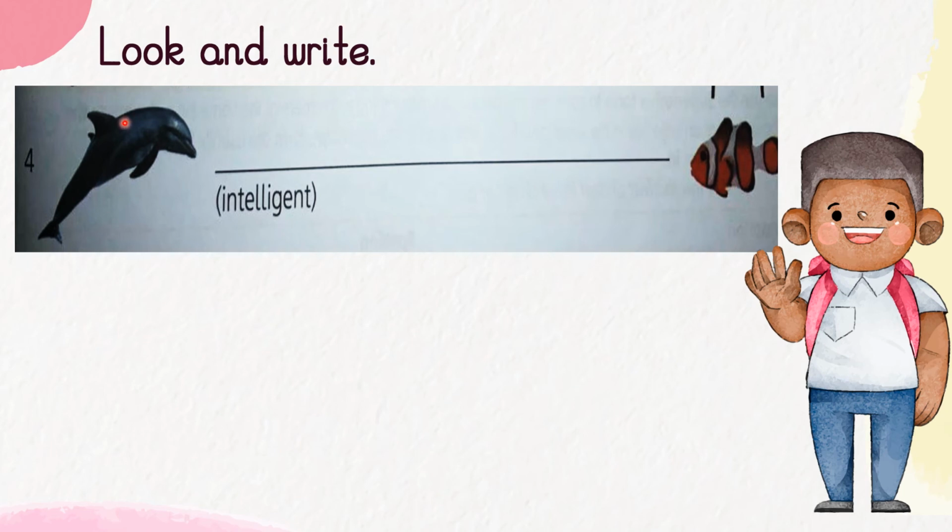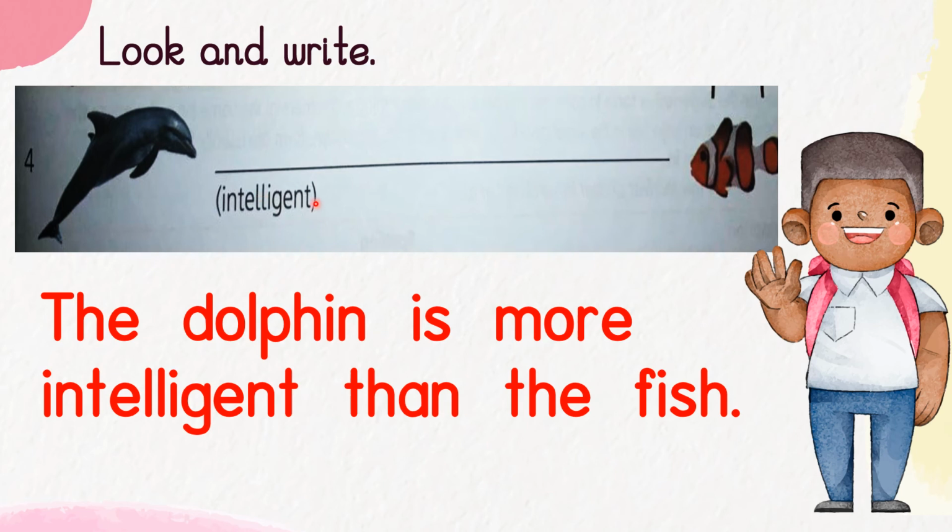What is this? Yes, this is a dolphin, and this is the fish, the Nemo fish. So if you say intelligent, usually in the water park or maybe in the zoo, you will see they train the dolphin to do the performance, because the dolphin is more intelligent.